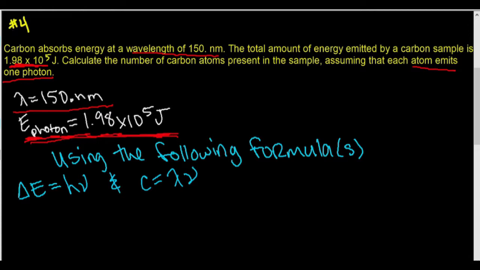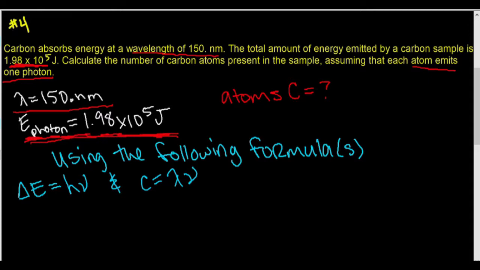Okay, so with that, this is all we're given, and we want to know how many atoms of carbon. So in order to get to that, we're going to have to use these two formulas right here.